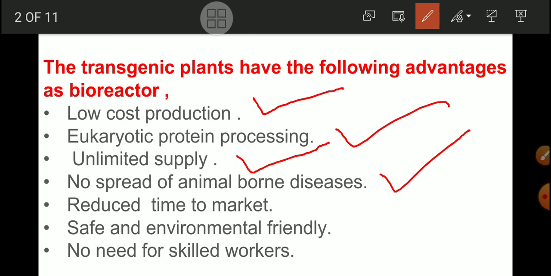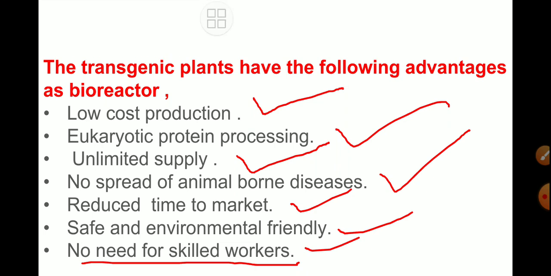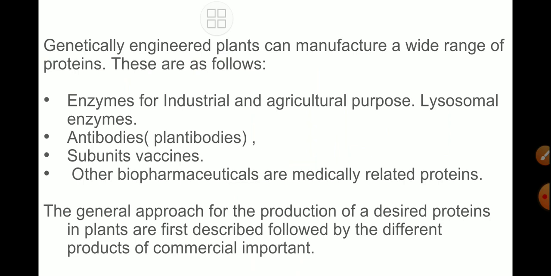Then reduced time to market, safe and environmentally friendly, and no need for skilled workers, because the plant itself has the capacity, once we make it develop a specific protein, that is possible with the help of the plant itself.